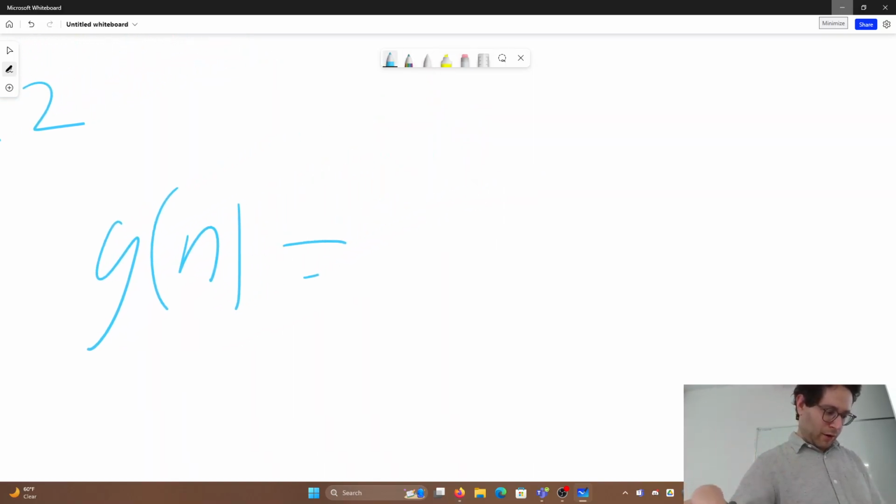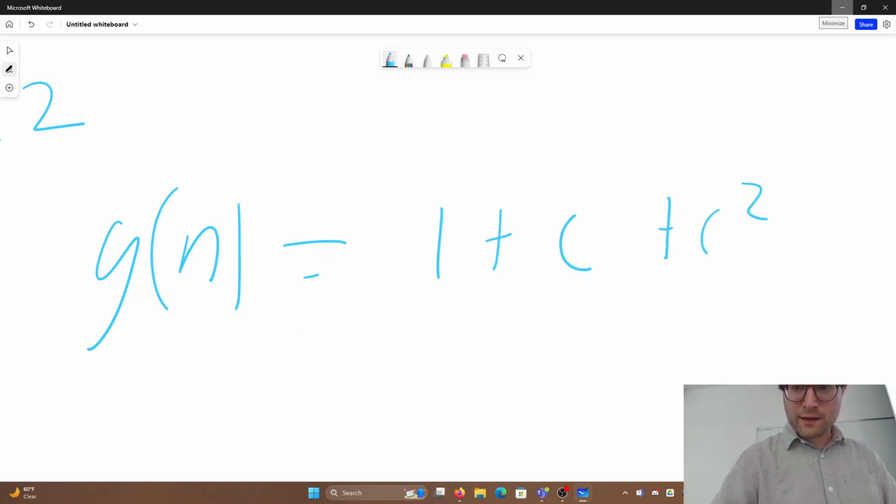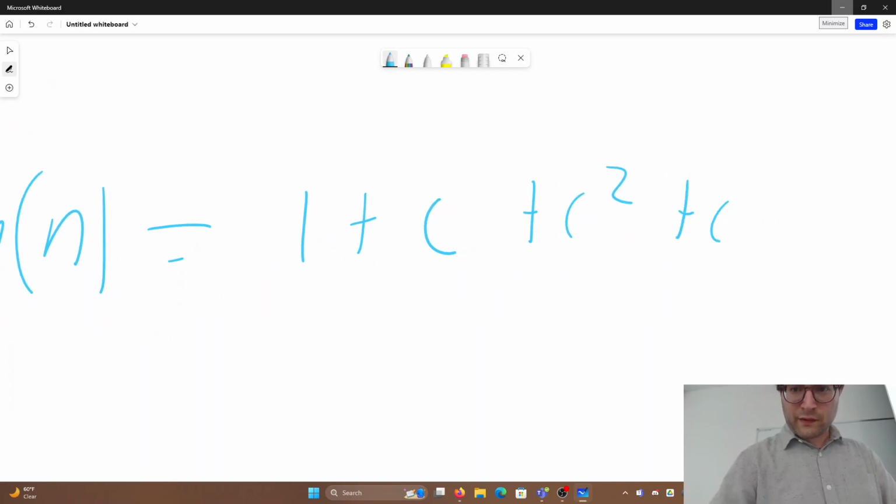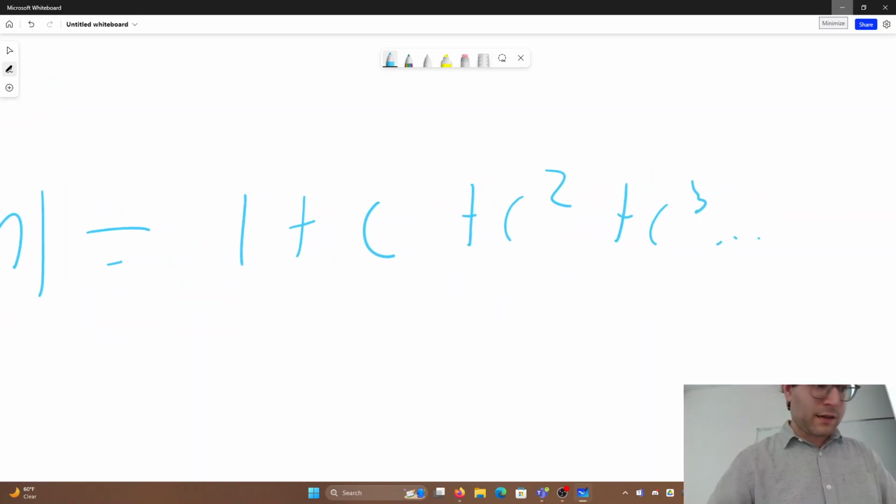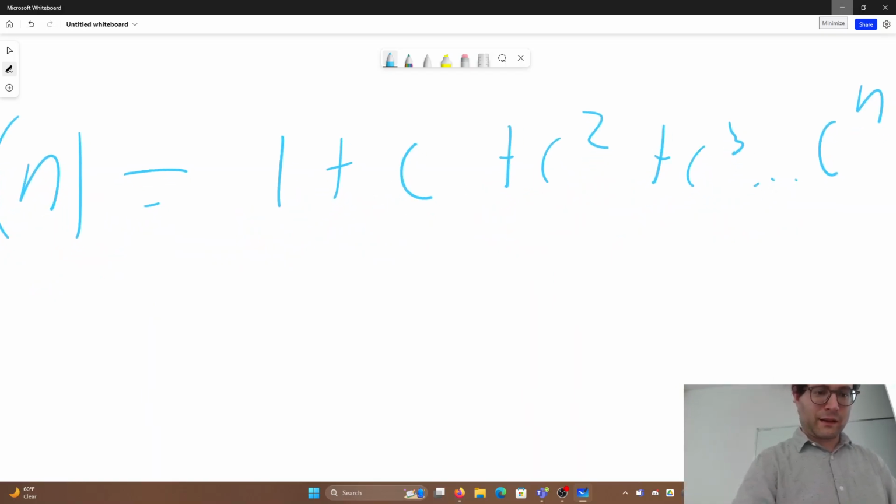If I recall correctly, let me look, I always like to look to be sure. It's a very enforced habit. Yep, 1 plus c plus c squared plus c cubed, dot dot dot, all the way to c to the n. That's certainly a way to formulate it. Another way I've seen it formulated is basically, okay.